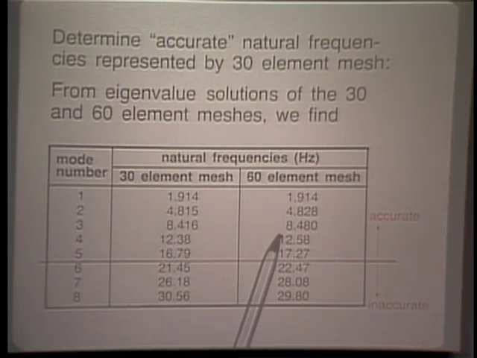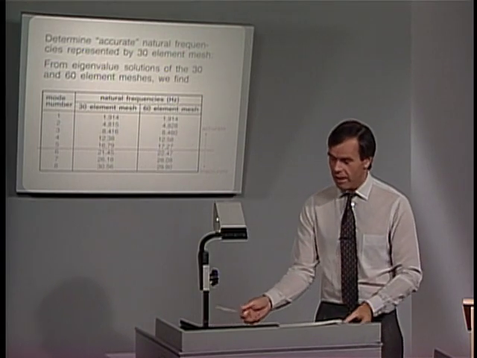They can actually, for a larger mesh, be smaller or larger than for the more coarse mesh. That, of course, also applies for when we compare the 60-element mesh results with the 120-element mesh results later on.